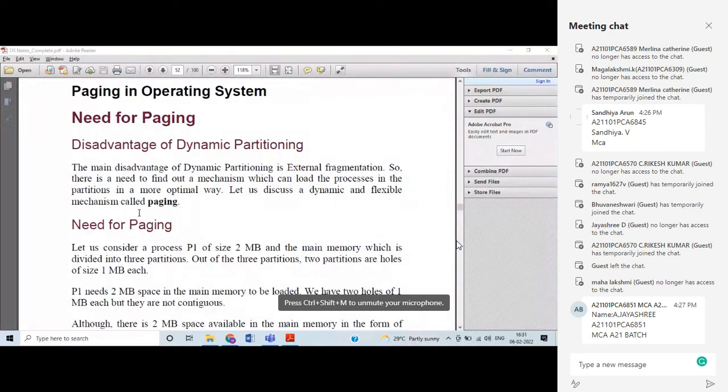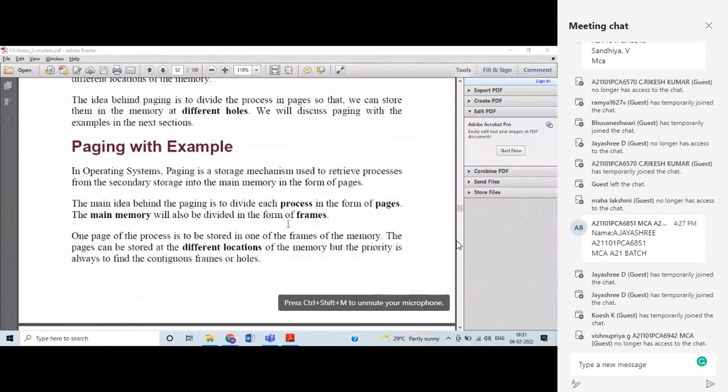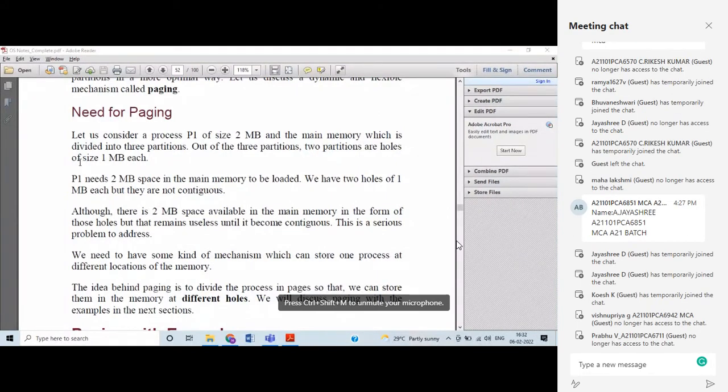Here, what is the need for paging? In order to avoid the external fragmentation. Let us consider a process P1 of size 2 MB and the main memory, which is divided into 3 partitions. Out of the 3 partitions, 2 partitions are holes of size 1 MB.